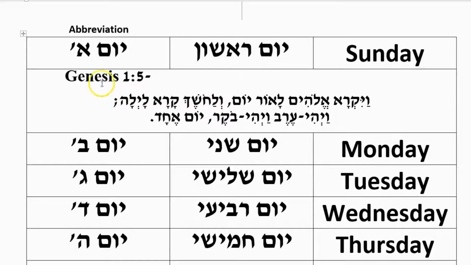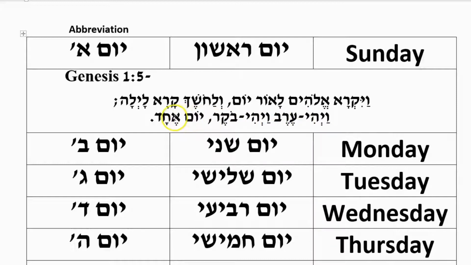Here's the verse, Genesis 1:5. V'yikra Elohim l'or Yom. And God called the light, day. L'choshek, in the darkness, kara laila. He called it laila. He called it evening. Vihi erev, and there was evening. Vihi boker, and there was morning.